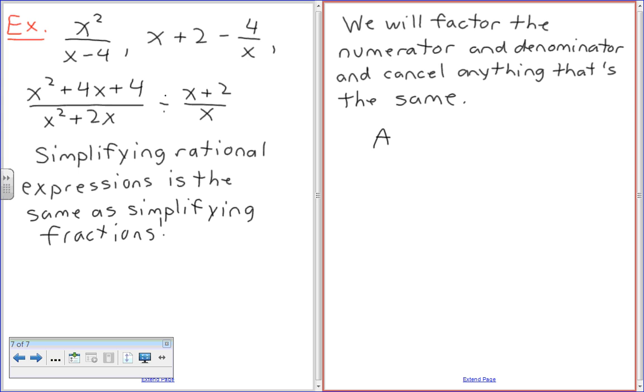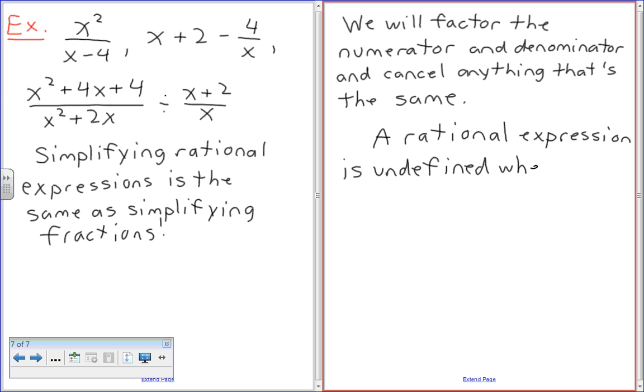Finally, a rational expression is undefined when the denominator equals zero.